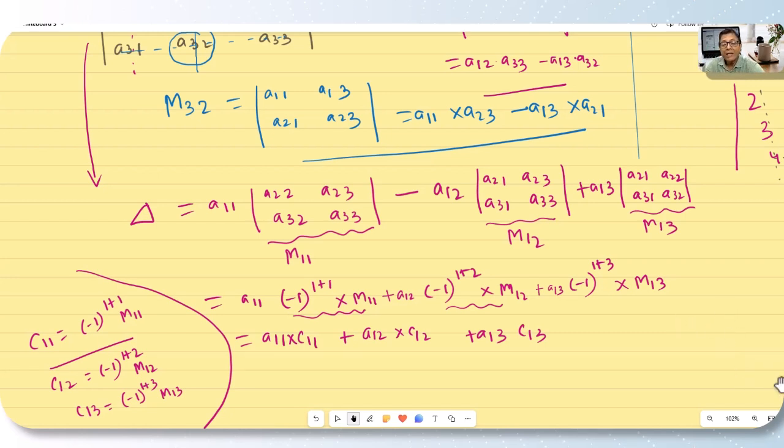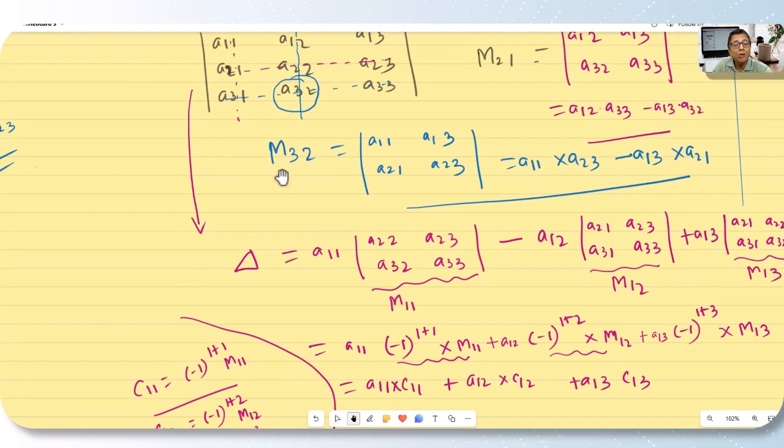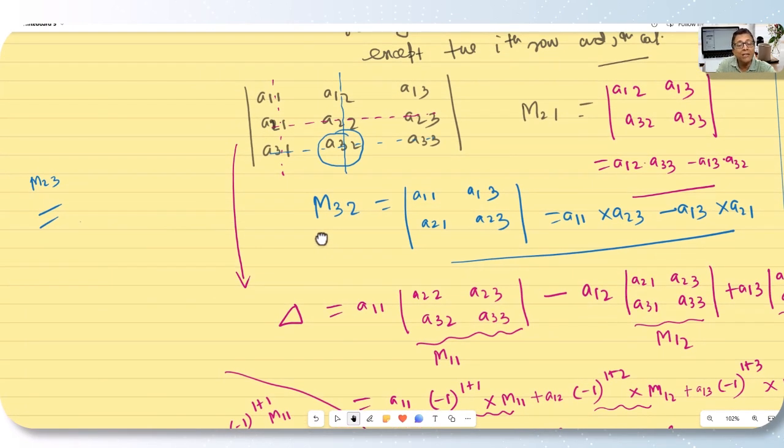We can express the value of a determinant in terms of the elements of a row multiplied by the corresponding cofactors and then taking the sum. Can you write the value of the determinant in terms of the second row? Yes, we can.